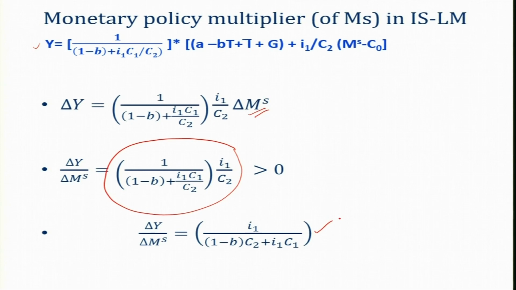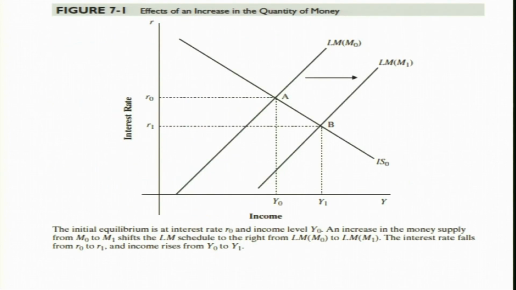So due to a change in money supply, GDP will increase, output will increase, this times del ms is equal to del y.